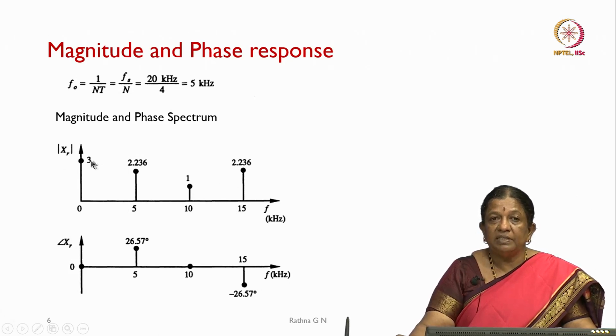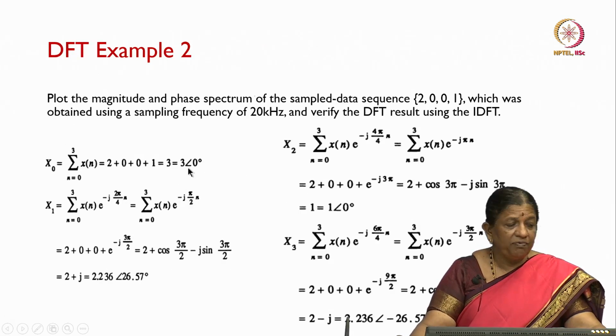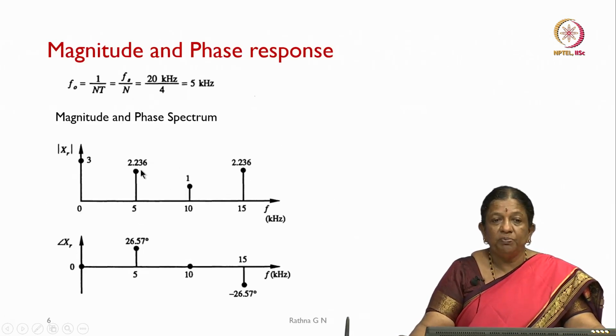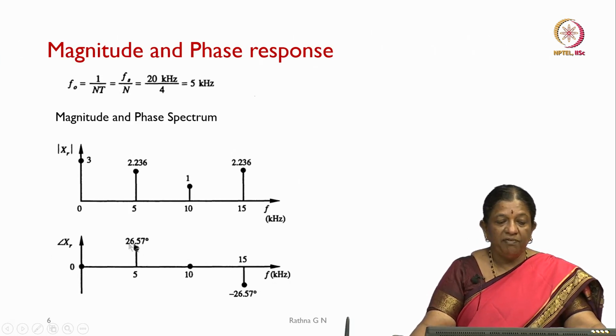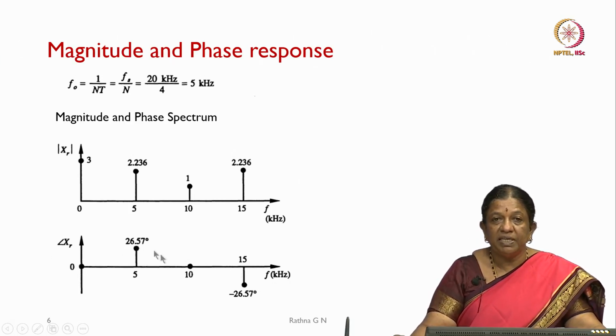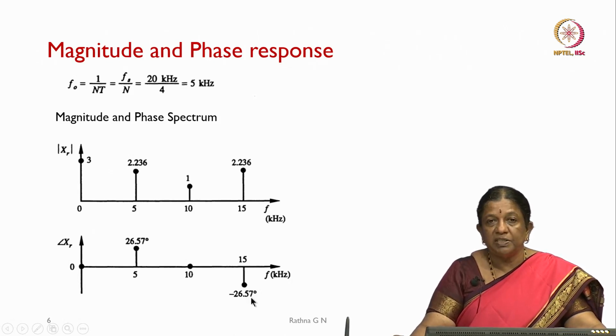The magnitude of our X of k is going to be, we know the first one is 3, and the second one is 2.236, then 1 and then 2.236. And then we have calculated our angle also at these frequencies. The first one at 0 is 0, and here we have 26.57 degrees, and then at 10 kilohertz we have 0, and at 15 kilohertz it has minus 26.57 degrees.